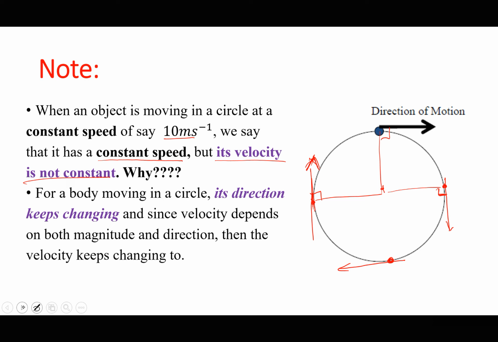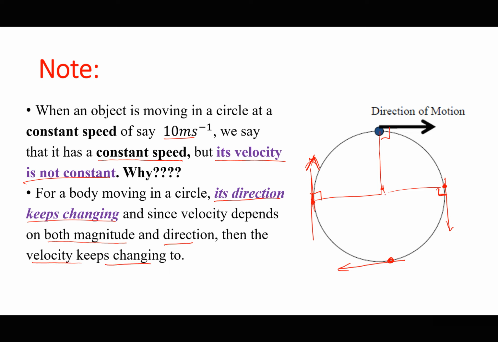So for a body moving in a circle, its direction keeps changing. And since velocity does not only depend on magnitude but also on direction, even though the magnitude may not be changing, the direction is changing, so the velocity keeps changing.